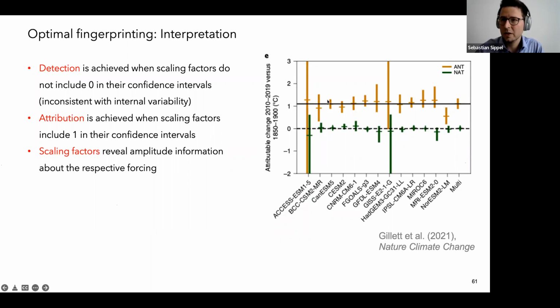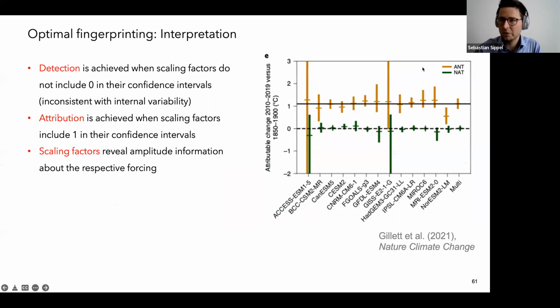So there's no reason to believe that the magnitude of my fingerprint doesn't correspond to what I am seeing in the observations, when the 1 is included, meaning that the simulated magnitude could correspond to the magnitude in the observations. And if you end up with a scaling factor that's substantially above 1, say, then it means that the model is basically under-simulating the magnitude of the respective observations.